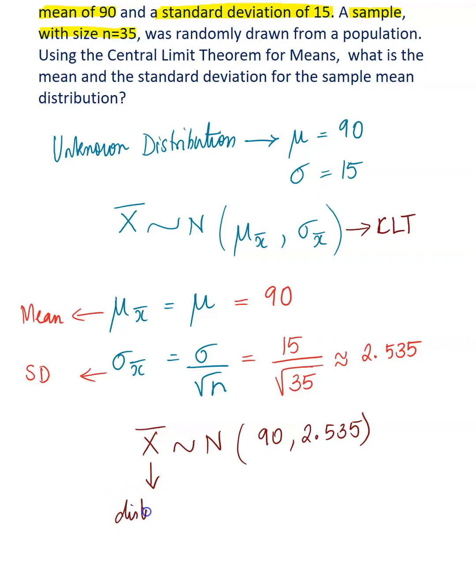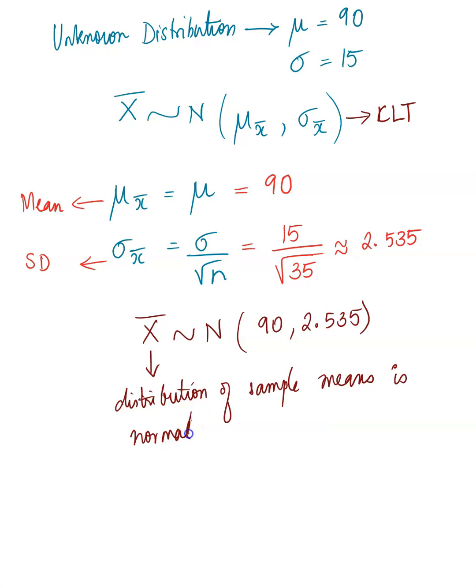So I'll say the distribution of sample means is normal with mean 90 and standard deviation 2.534.